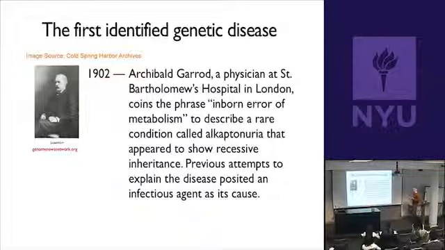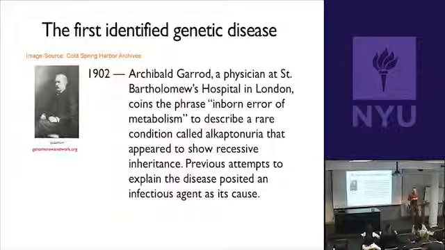Until he made that observation, it was assumed that this disease, and we'll get into what this disease is in a second, was caused by an infectious agent like a bacterium or a virus infecting people. Which obviously, looking back, it's easy to say, well, how foolish, why didn't they just recognize it was being inherited in families?